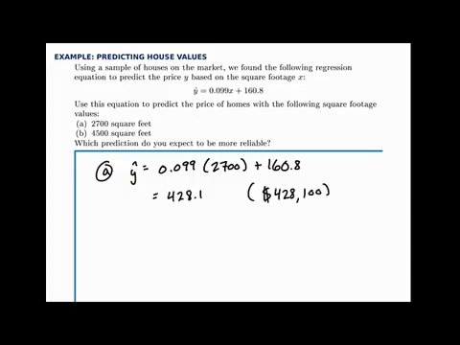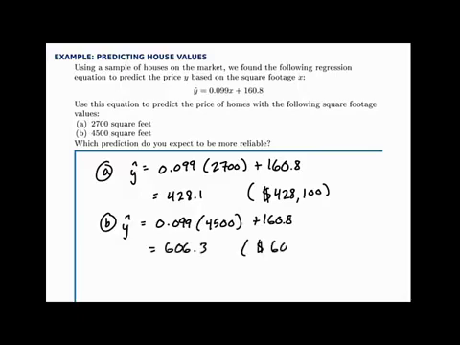And that technically means that the average house price we would expect for all the houses that are 2,700 square feet would be approximately $428,000. And then in the second case, we can make a similar prediction for houses with 4,500 square feet. And that works out to just over 600,000.